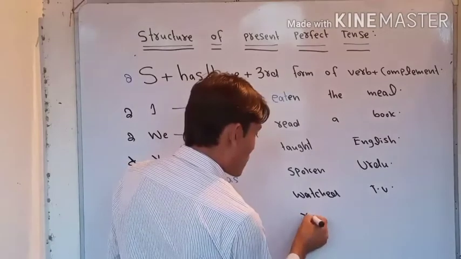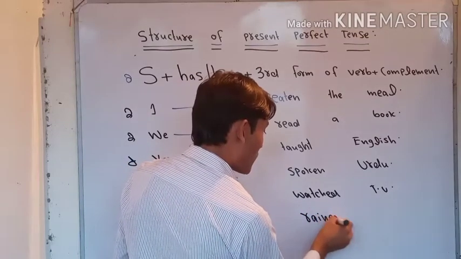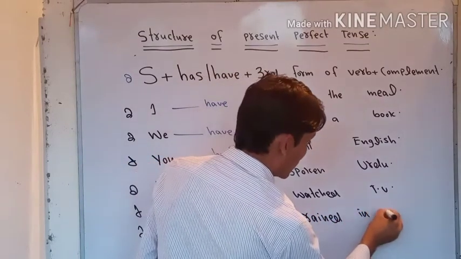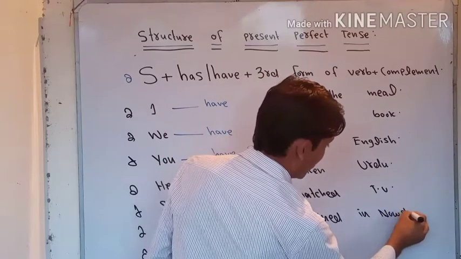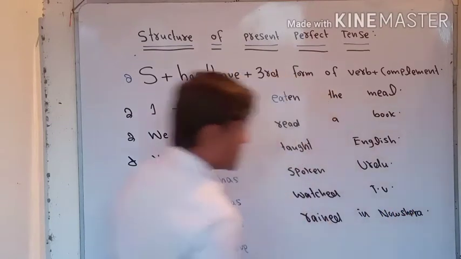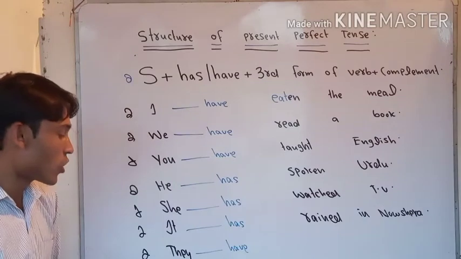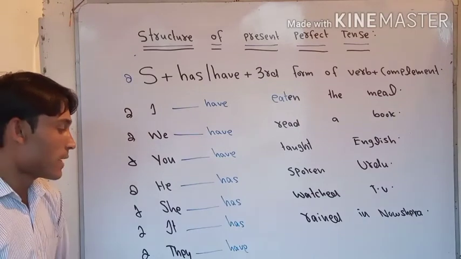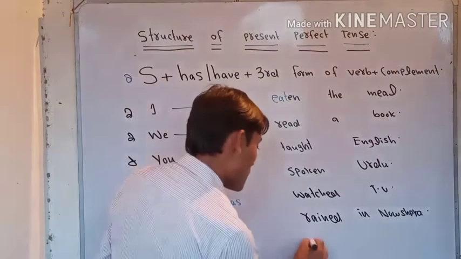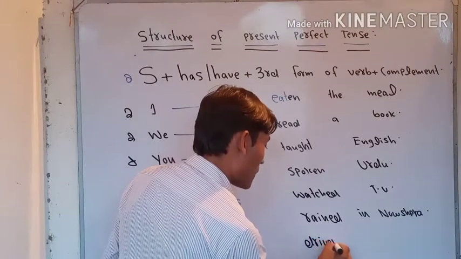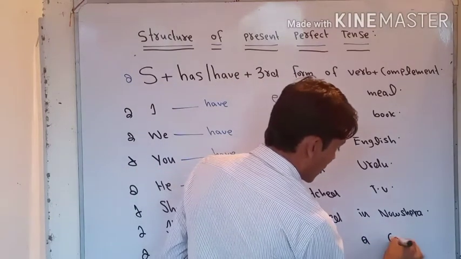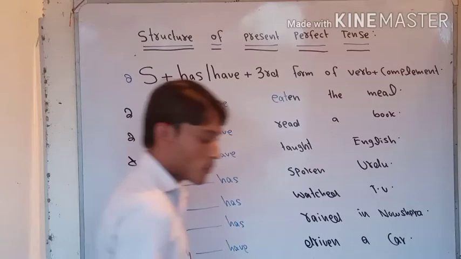It has rained in Nowshera. So we add a period or full stop. If we talk about they, we say that they have driven, D-R-I-V-E-N, driven a car.